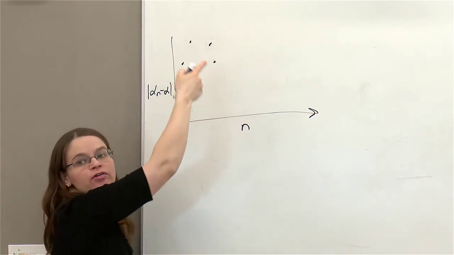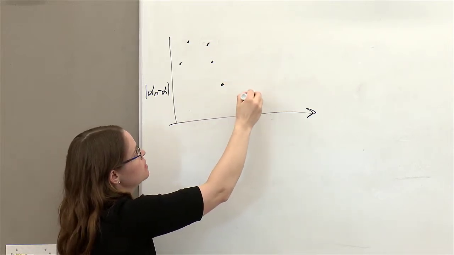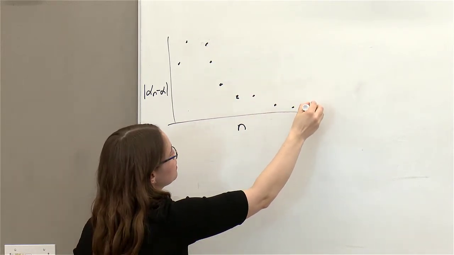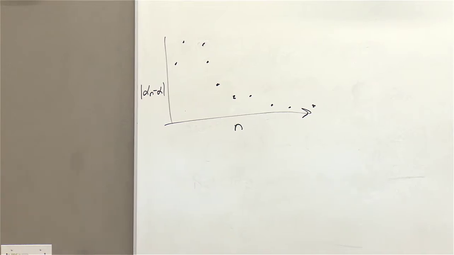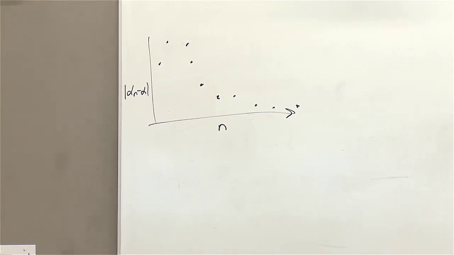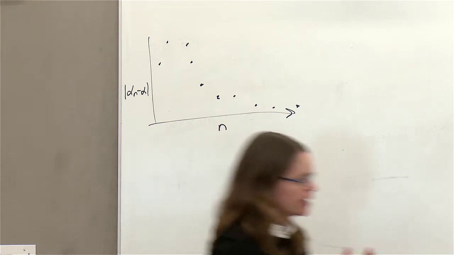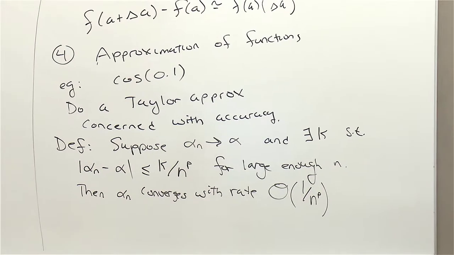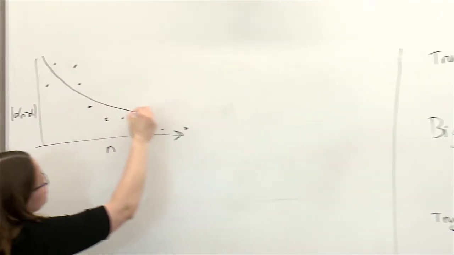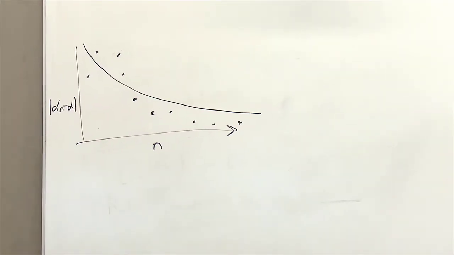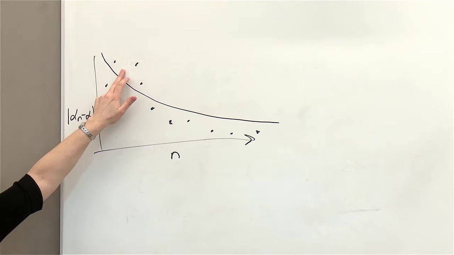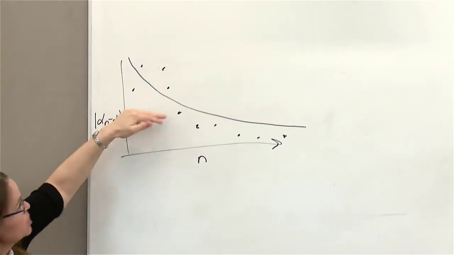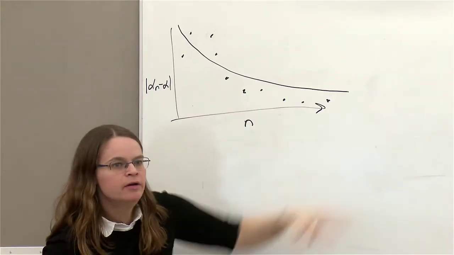The error might go up at first, but eventually it should go down. Now I ask, can I draw a curve like 1 over n or 1 over n squared, such that eventually all these data points lie below my curve? So maybe I can draw a curve like 1 over n squared. Some of these errors are above my 1 over n squared curve, but eventually, when n is large enough, they all sit below it.